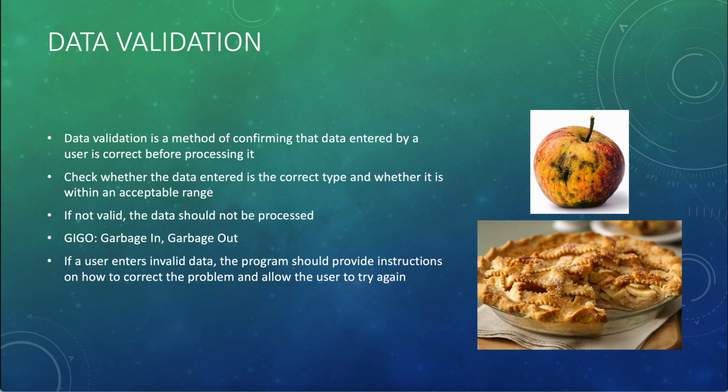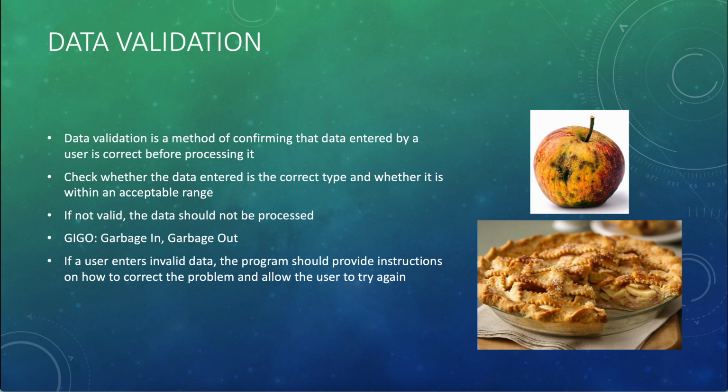Related to this is data validation. Data validation is a method of confirming that data entered by a user is correct before processing it. The purpose is to check whether the data entered is the correct type and whether it is within an acceptable range. So again, if you have assigned a variable to be an integer and a user types in text, that's not going to work.